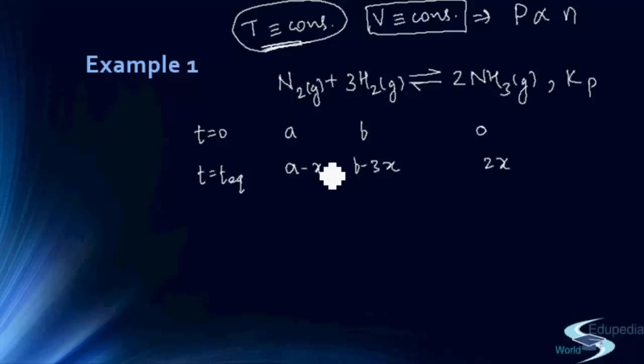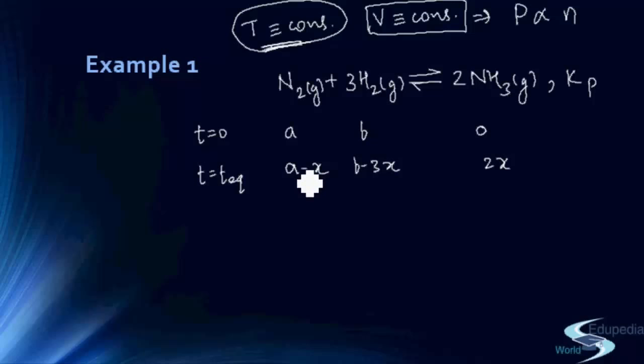That is, X moles of nitrogen has been consumed, so 3X moles of hydrogen will be consumed and 2X of ammonia will be formed. So A minus X and B minus 3X are moles of nitrogen and hydrogen respectively still left unreacted in my container.